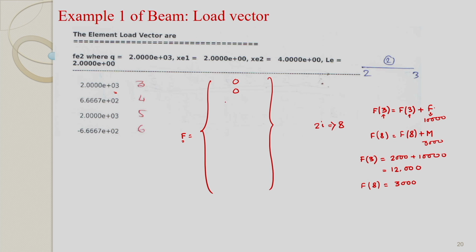So, if we write our global load vector, third entry will be 12,000, fourth entry will be 666.667.